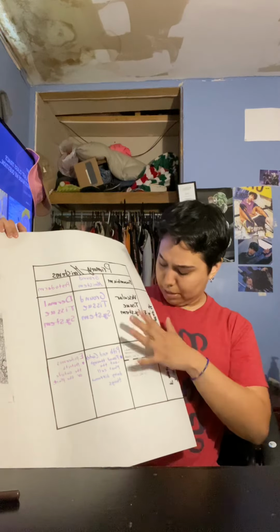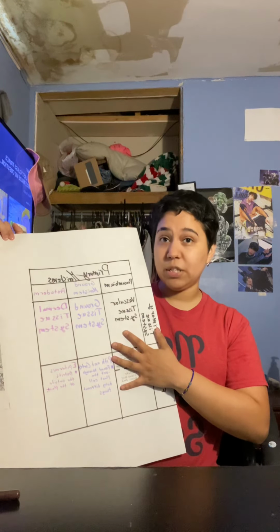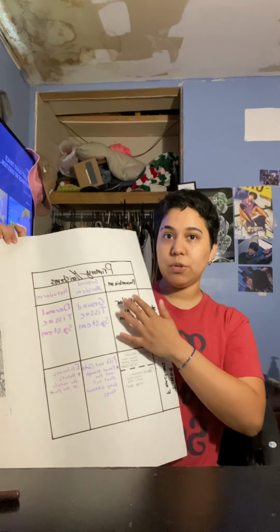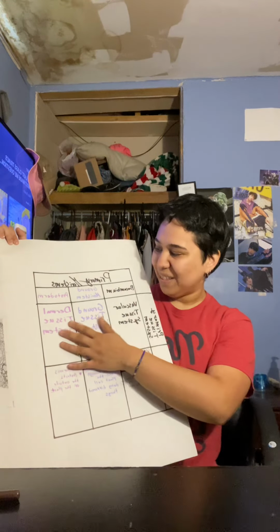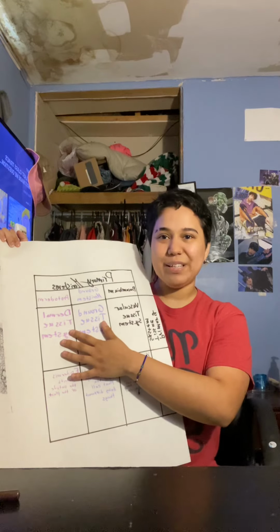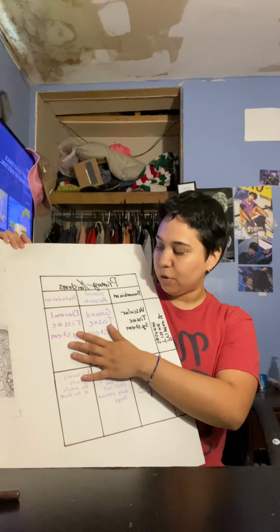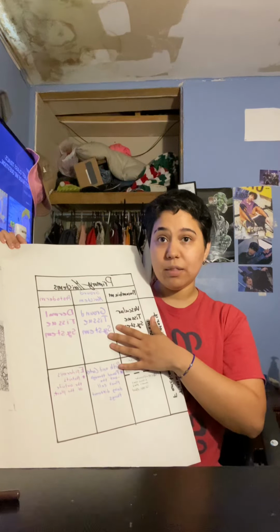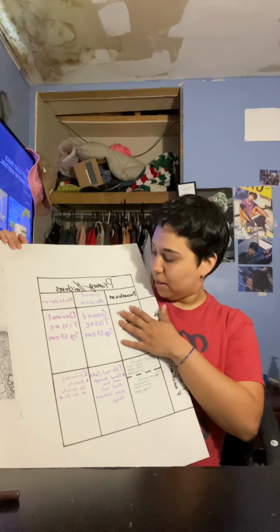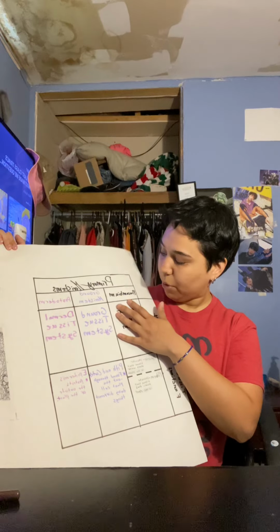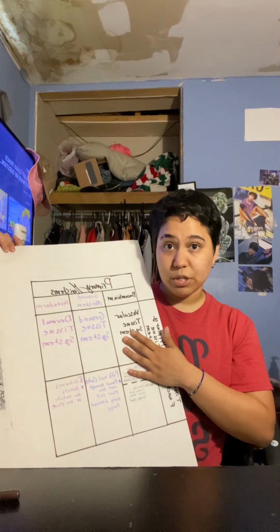And the primary tissue system that they belong to: the protoderm is the dermal tissue system, the ground meristem is the ground tissue system, and the procambium is the vascular tissue system.